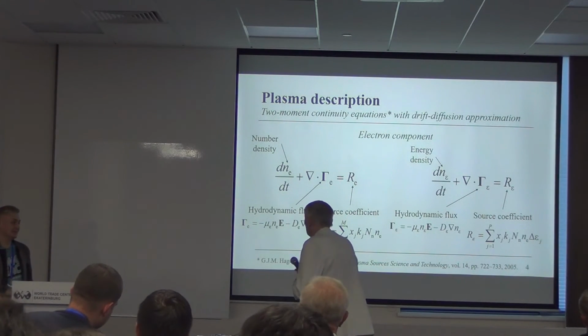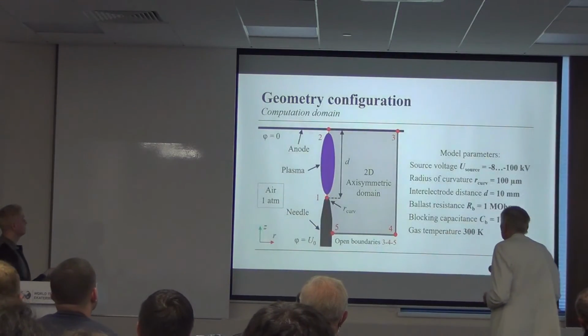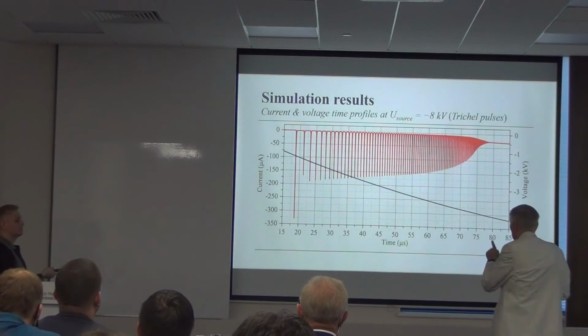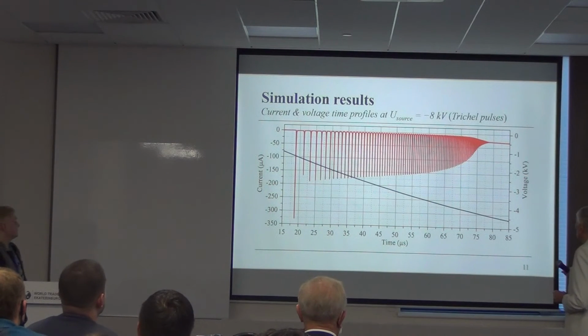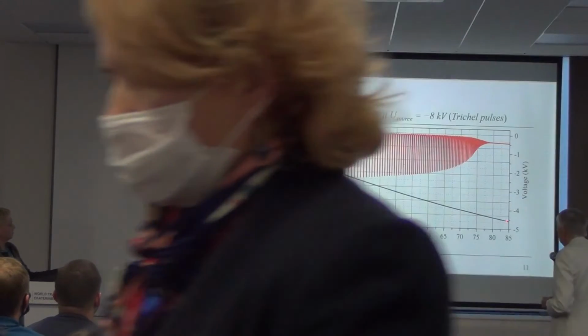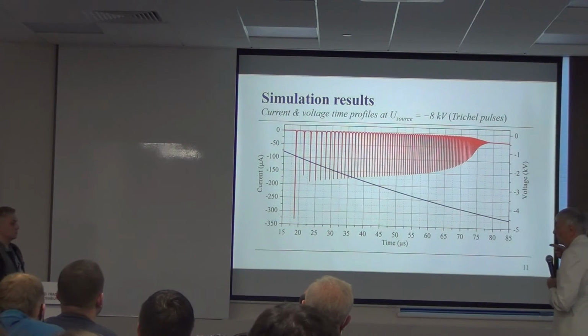This shows many pulses, calculated from Trichel mode. Here is the voltage. If the voltage were constant, you would observe the transition from Trichel mode to continuous mode.